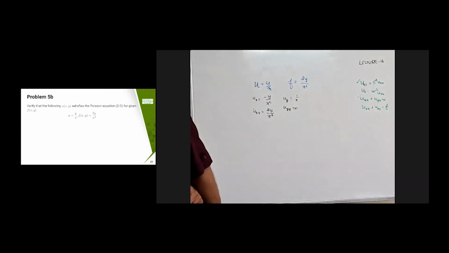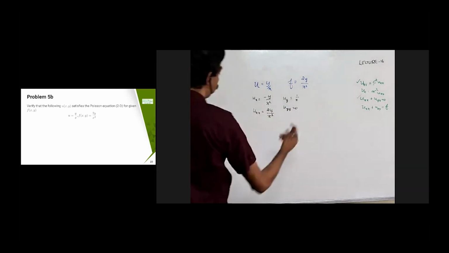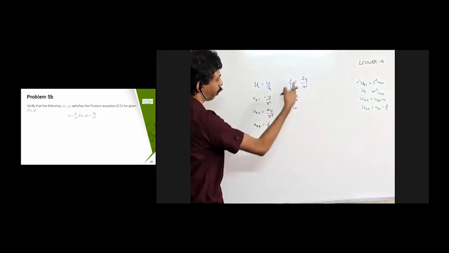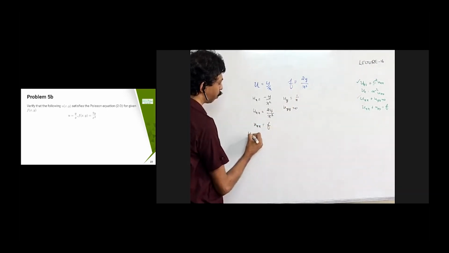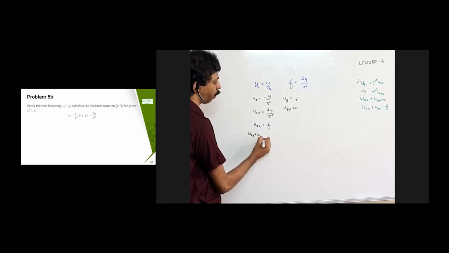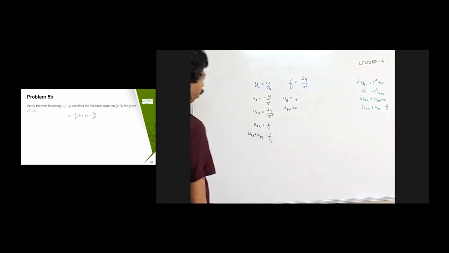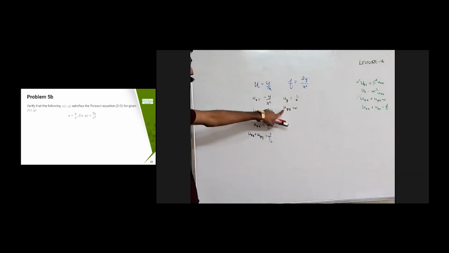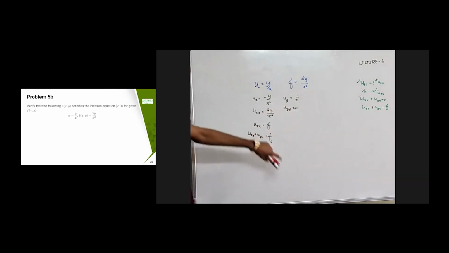Okay, so now you need to check whether it is satisfying it or not. Uyy is already 0. Okay, therefore uxx is nothing but 2y by x cube. Okay, so therefore uxx plus uyy, because uyy is already 0, is going to become f. Okay, so you get uxx equal to f, and uyy is already 0, therefore uxx plus uyy is also going to be f.